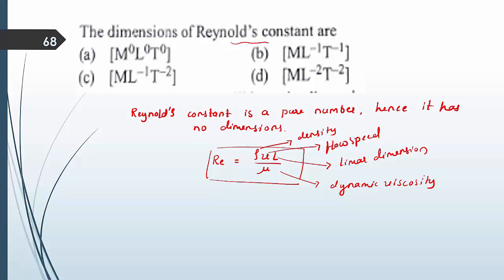Is it clear? Anyhow, Reynolds constant is a pure number, so it is not having any dimension. So we can write M raised to 0, L raised to 0, T raised to 0. So option A is right.